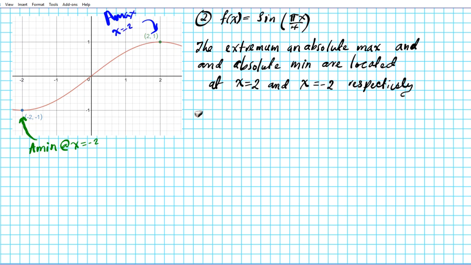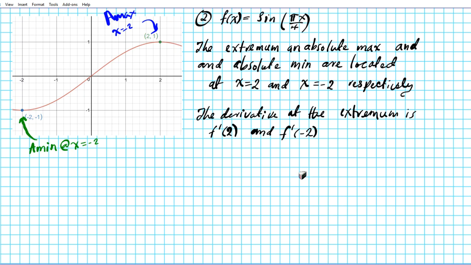So the derivative at the extremum is f prime of 2 and f prime of -2. So we need to find the value of these two terms here. We're going to first of all find the derivative f prime of x because it applies to both, and then we're going to evaluate the derivative at these 2 points.